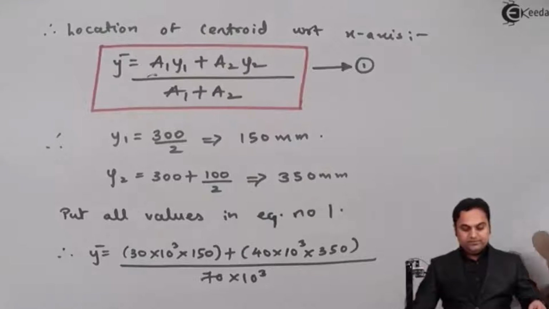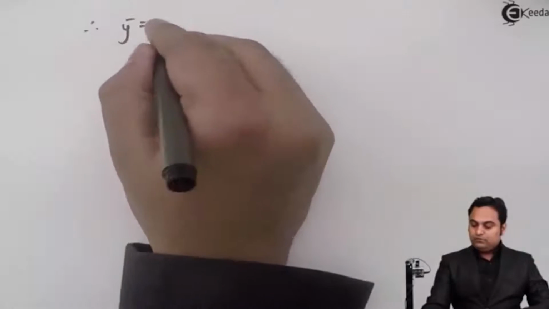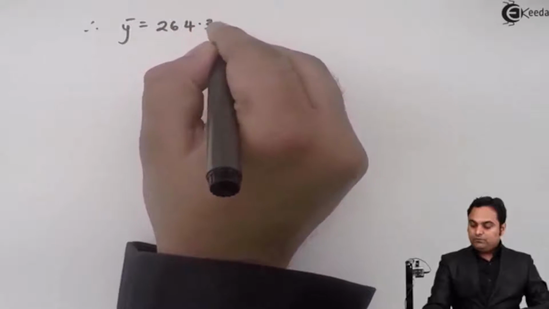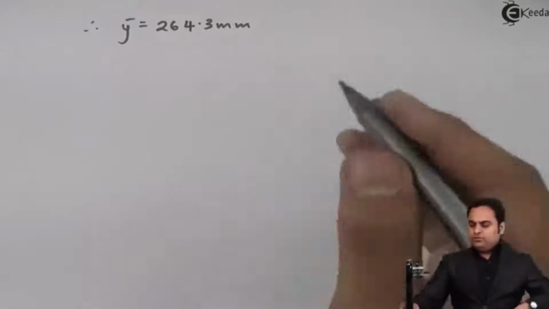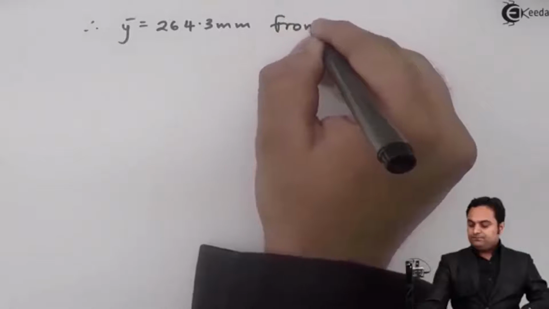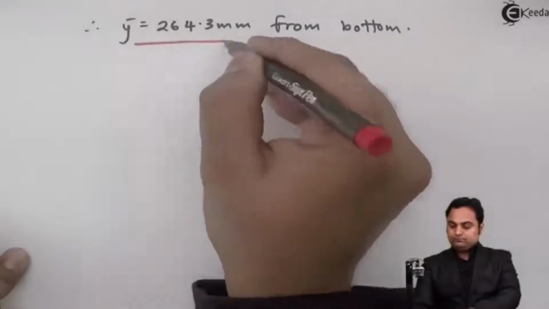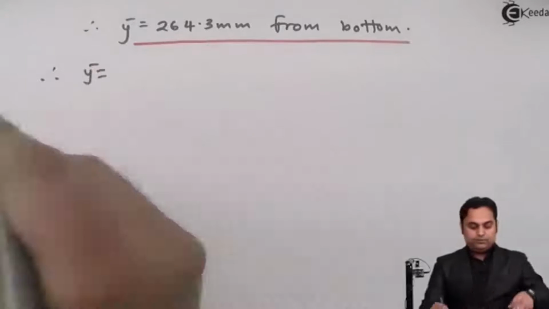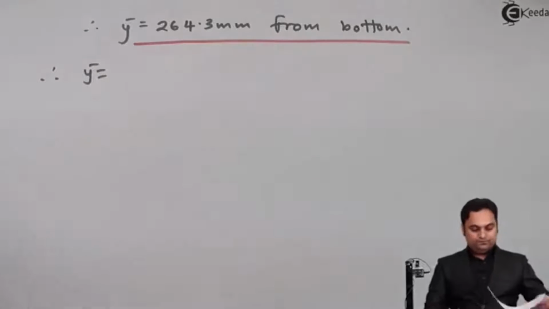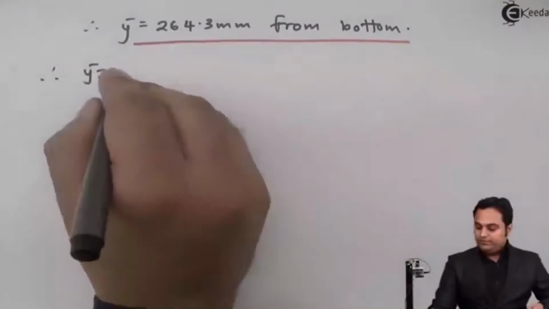From this I am getting the value of y bar as 264.3 mm, and as I have taken all the distances from the bottom, this reference is from the bottom. Similarly, I'll get the distance from top: here we have 300 plus 100, that is 400.